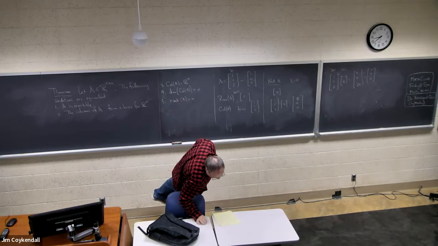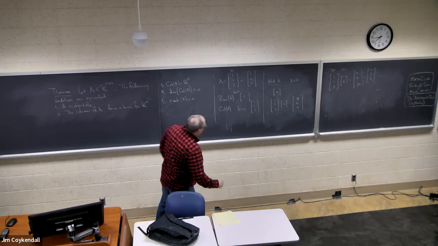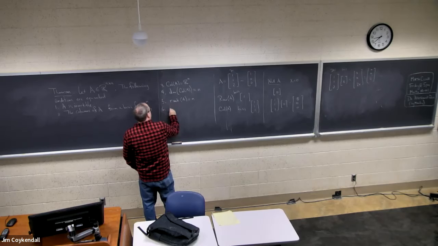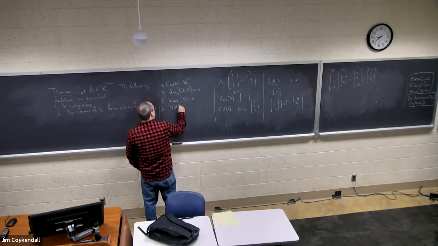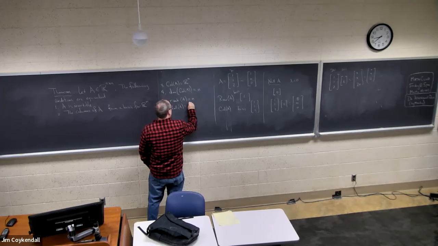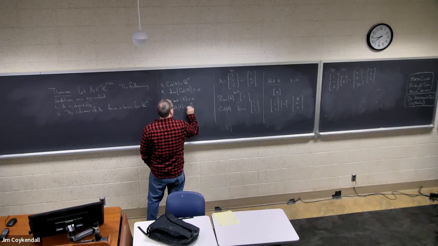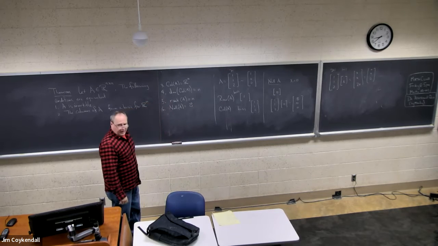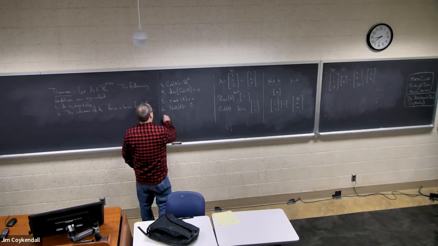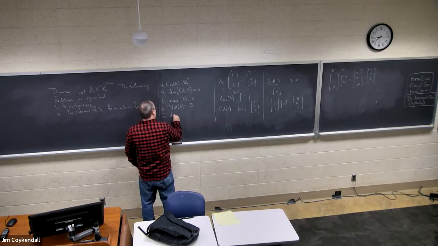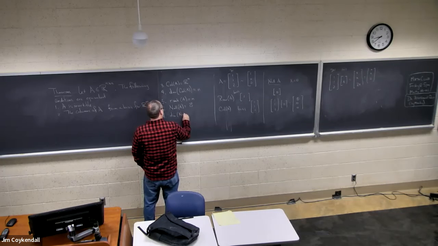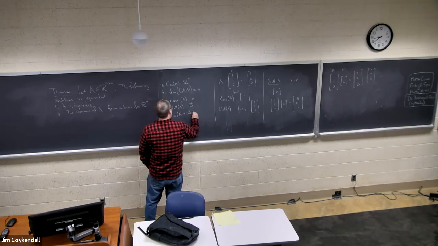And finally, the null space of A consists of only the 0 vector. Finally, the dimension of the null space of A is 0.